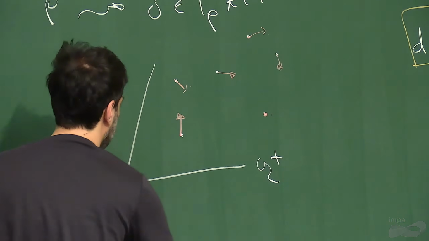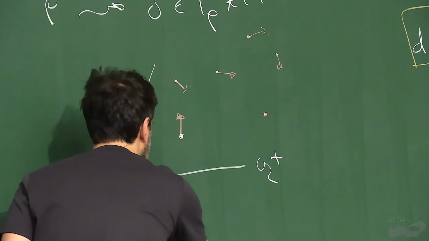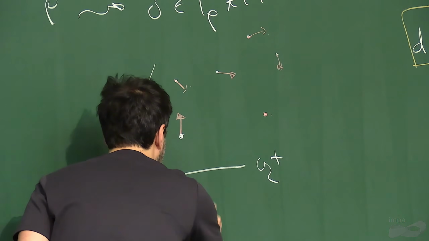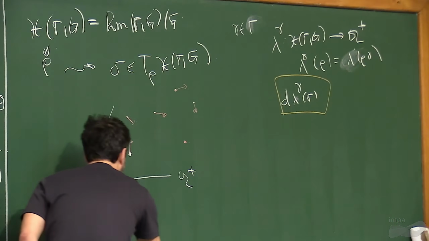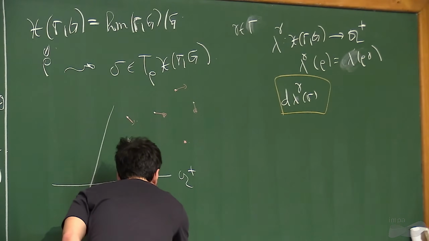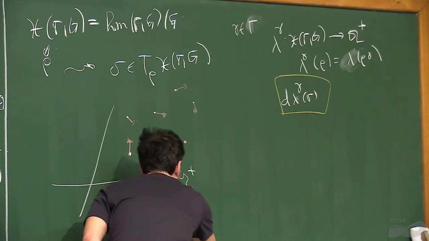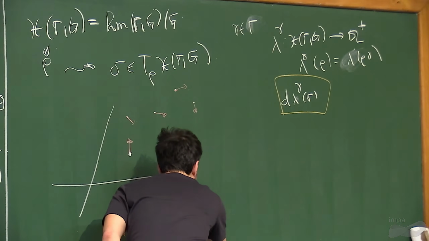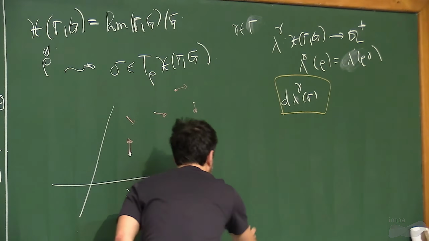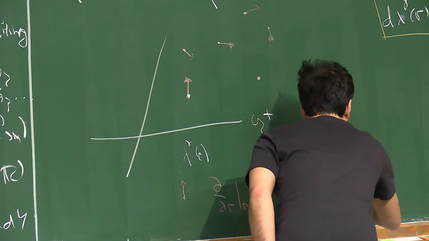So essentially, the point is just lambda gamma of rho, and the arrow is just literally the derivative in t equals 0 of lambda gamma of rho t, if the derivative of rho t is v.